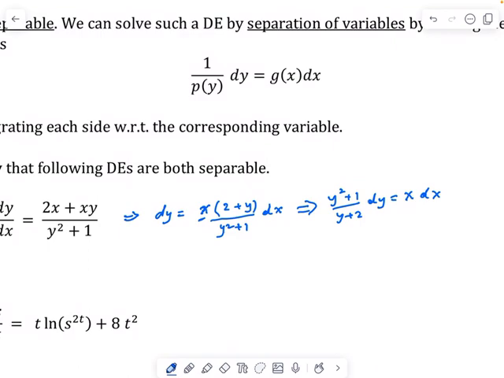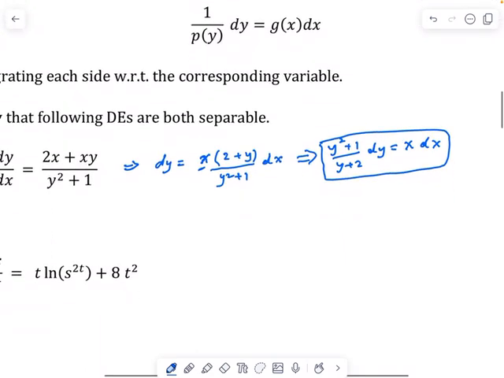We don't have to solve it, by the way, but you can see now that if required, we can solve it. Here we showed that this is a separable differential equation.